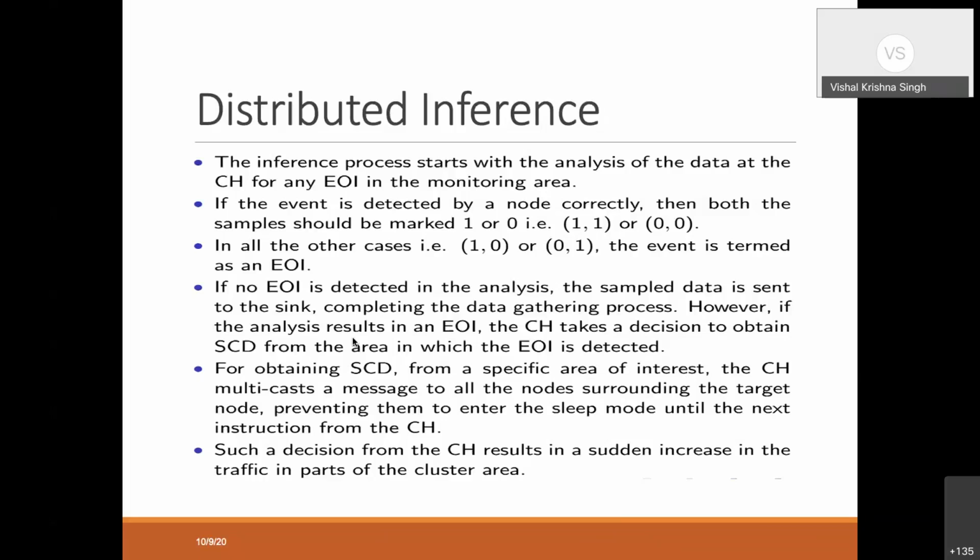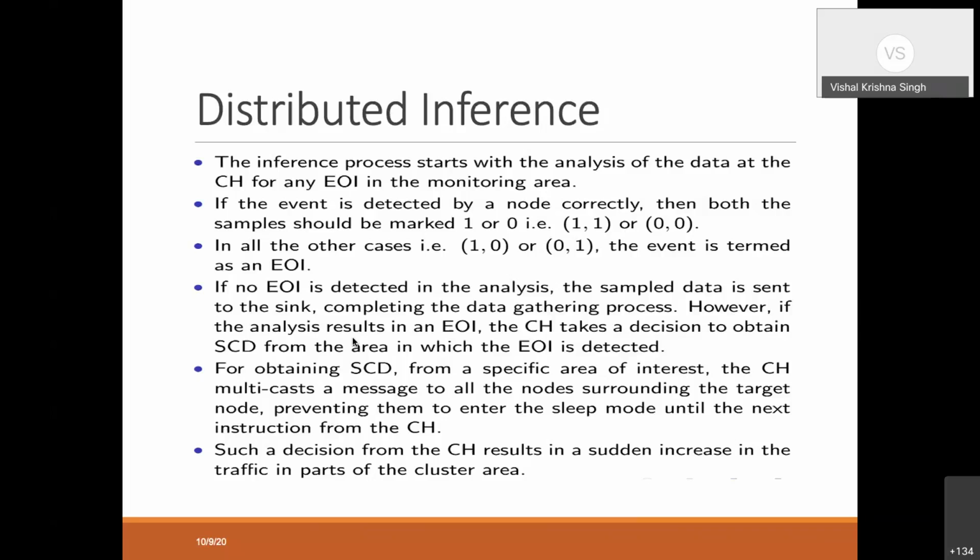We have considered the anomaly to be, let us say, basically the time of the existence of the event, or the minimum time for which the event has to be valid.